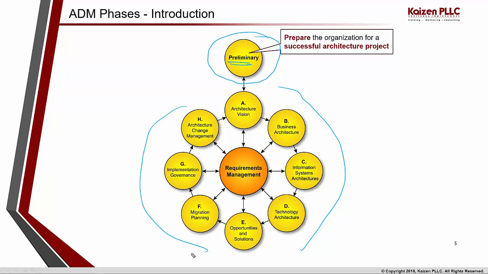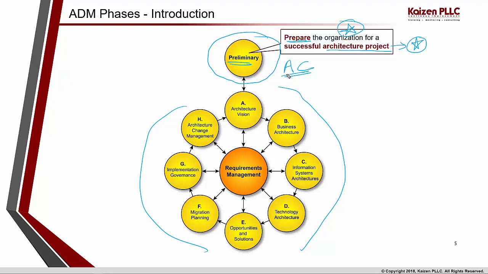What this phase provides is that it prepares the organization, the enterprise, for a successful architecture project. The architecture project here could be at a project level, a program level, a capability level, or a portfolio level. This is the phase which includes the preparation and initiation activities to create an architecture capability.